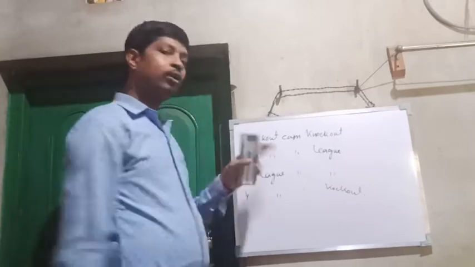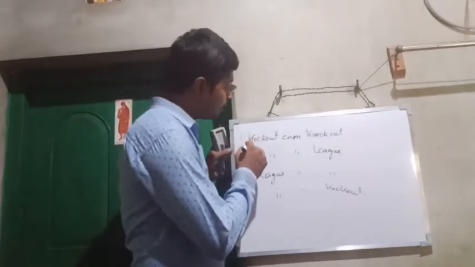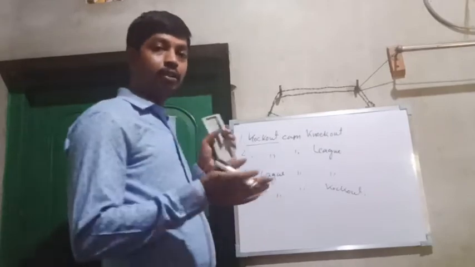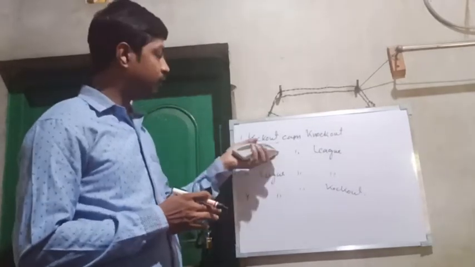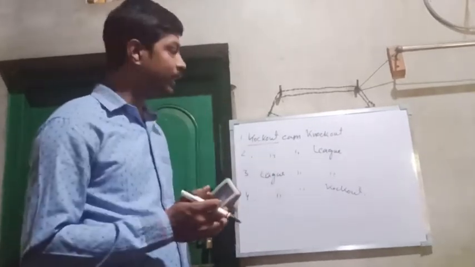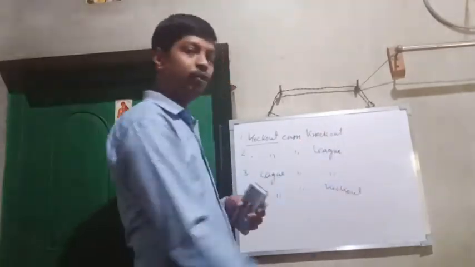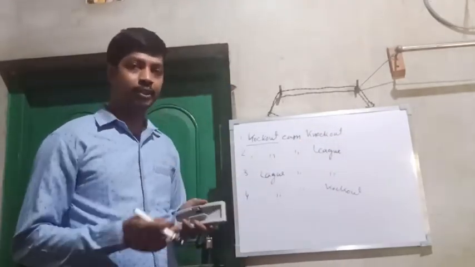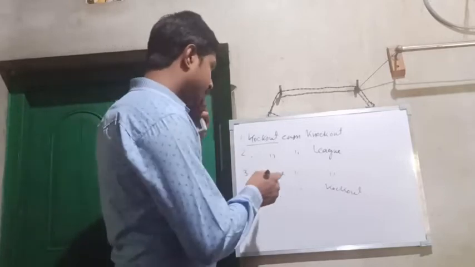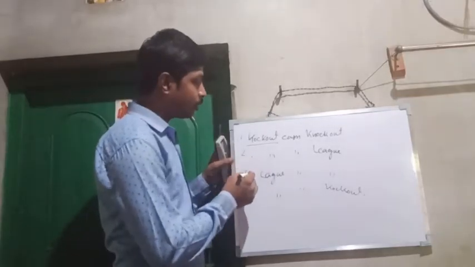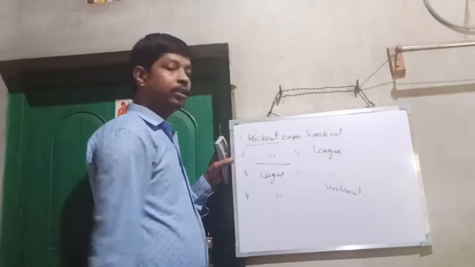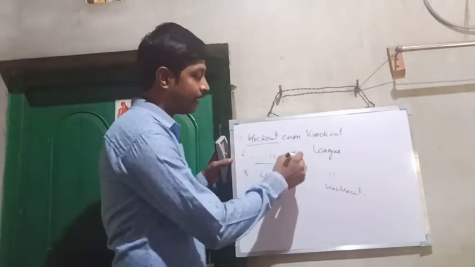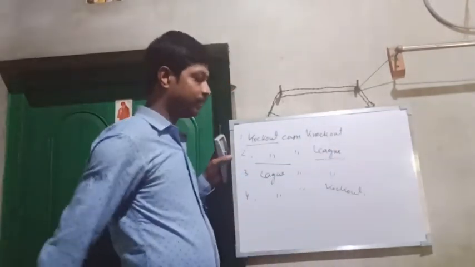In knockout cum knockout, first all of the teams play in knockout system, then there will be a gap, then again they will play in knockout system. How the gap will come, we will discuss later. Number two, first play with knockout system, then a gap, then play with league system.